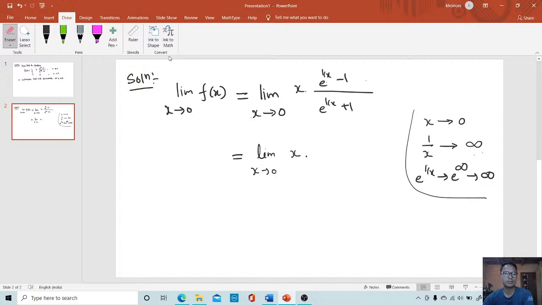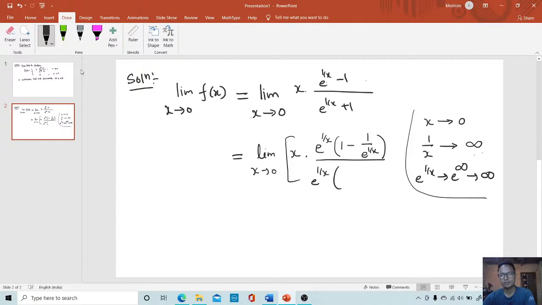So first of all, what we have to do is take e to the power 1 by x common. Right? 1 minus 1 by e to the power 1 by x, and in the denominator, e to the power 1 by x common, so 1 plus 1 by e to the power 1 by x.